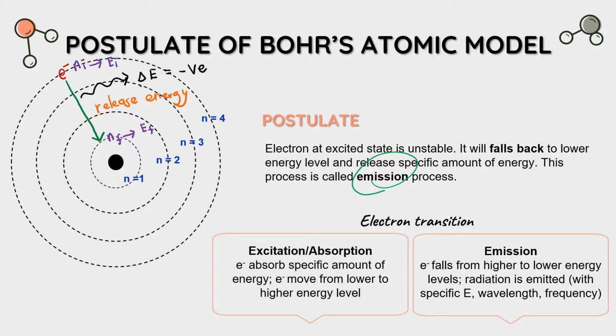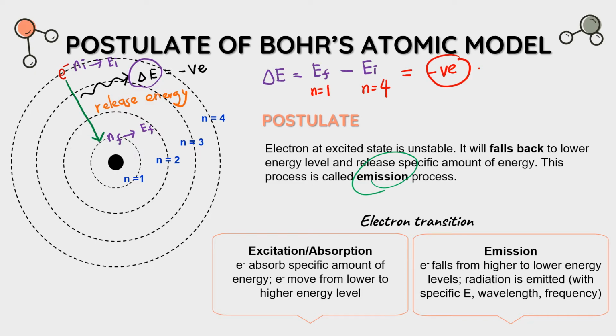So the energy difference can be calculated by final energy minus initial energy, where the final energy is when the electron is at N1 and the initial energy is when the electron is at N4. So by doing this calculation, you will definitely get the value of delta E in negative. The negative delta E value is consistent with the energy released from the emission reaction.